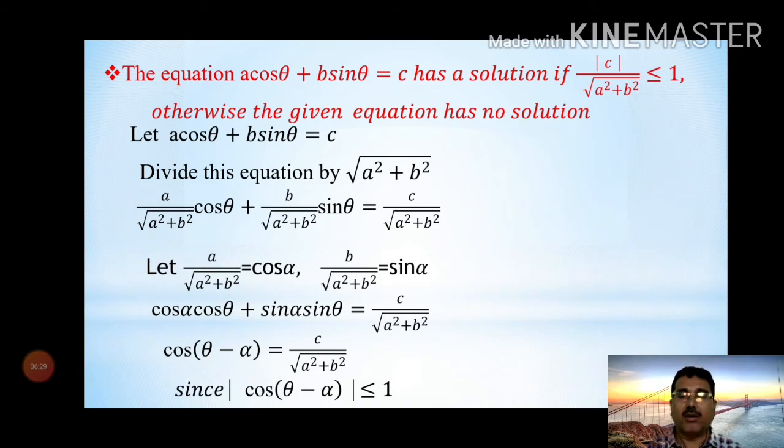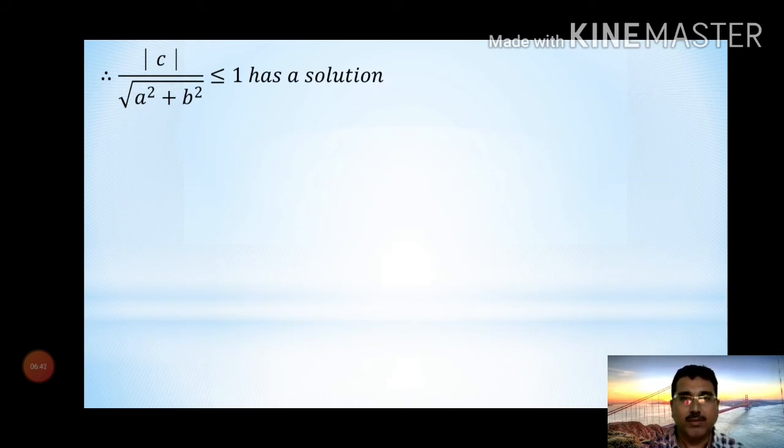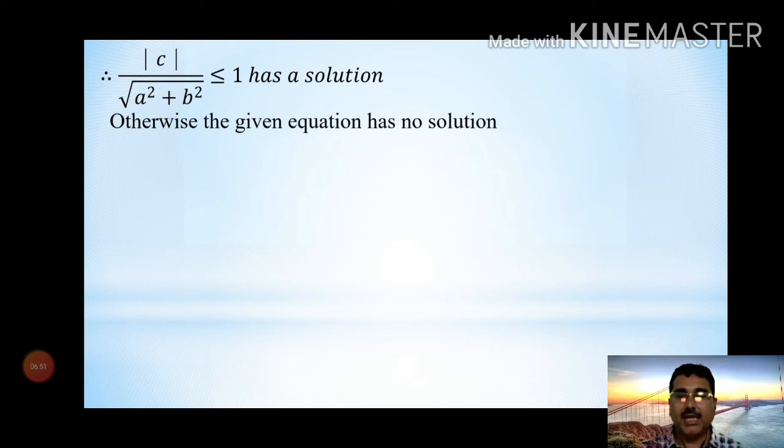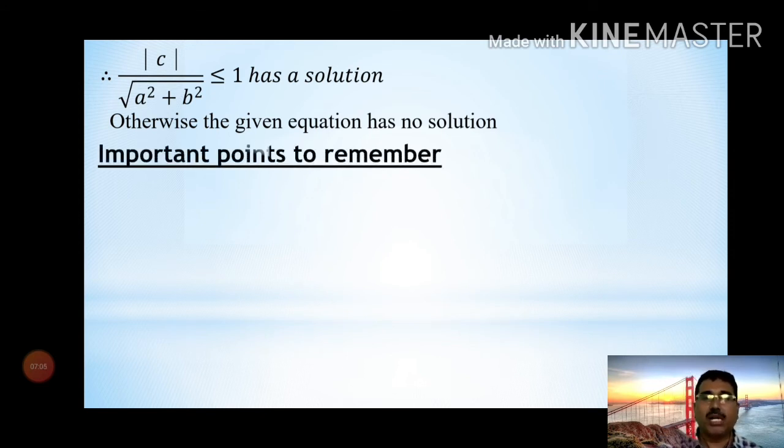Since modulus of cos of theta minus alpha is less than or equal to 1, therefore mod C by root of A square plus B square less than or equal to 1 has a solution. Otherwise, if mod C by root of A square plus B square is greater than 1, the given equation has no solution.